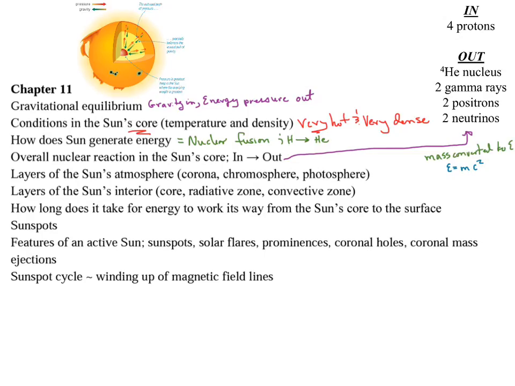When I say protons, those would be hydrogen, so I'll just put H. Think of those as hydrogens. And what you get out is 1 helium nucleus, 2 gamma rays, and let me put energy there. That's your energy.